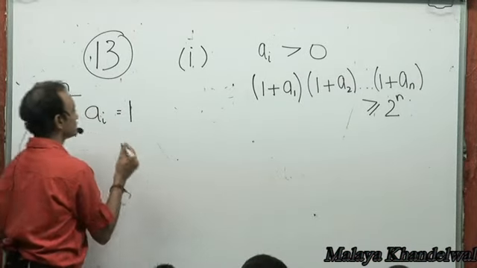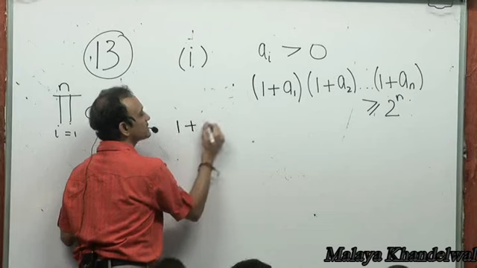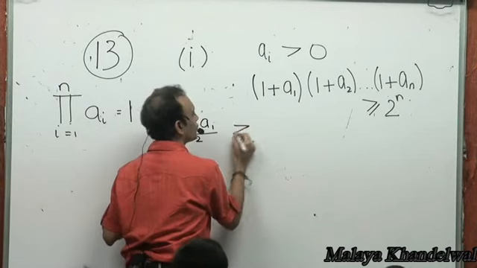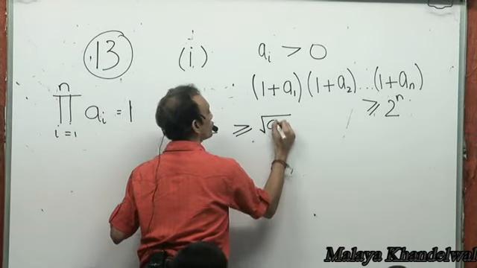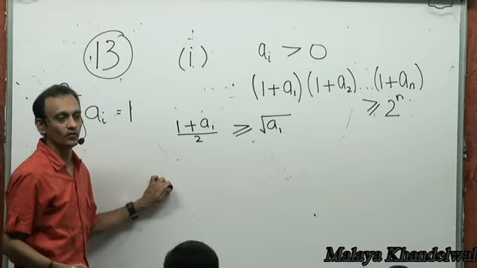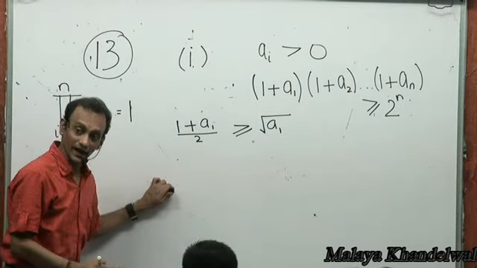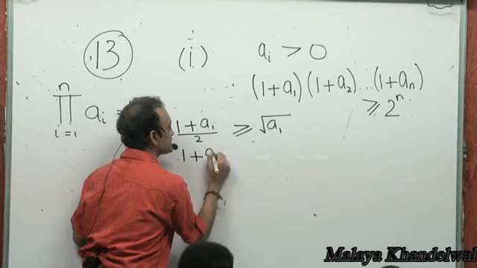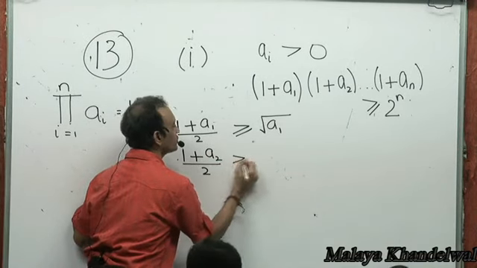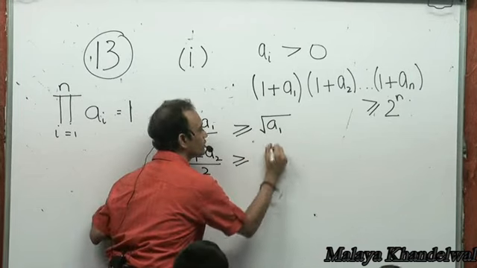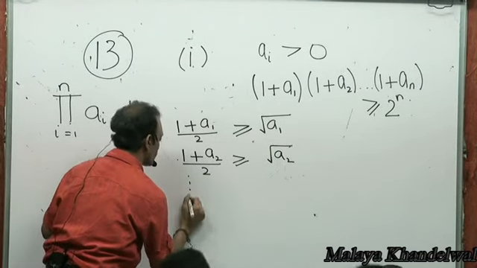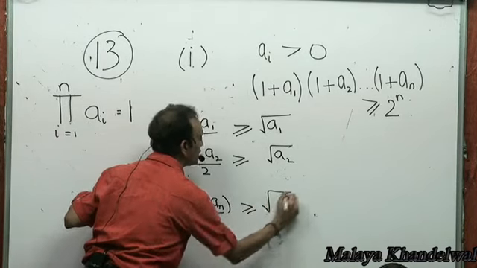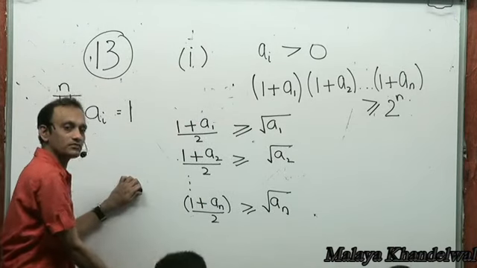Very simple. 1 plus A1 by 2, arithmetic mean of these numbers, greater than or equal to geometric mean, root A1, root of 1 into A1? Yes or no? Right? AM greater than or equal to GM, 1 and A1 are both positive. Similarly, 1 plus A2 by 2 greater than or equal to root 1 into A2, root A2. 1 plus AN by 2 greater than or equal to root AN. Multiply it out.